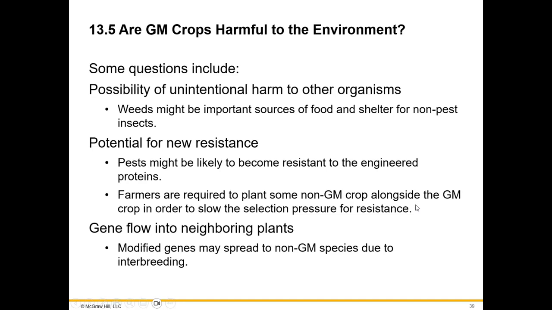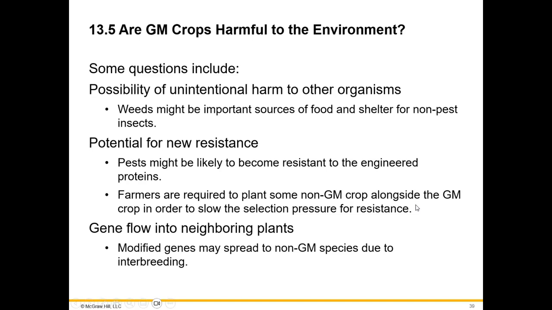And the question becomes, what if the pests become resistant to those engineered proteins? And now suddenly we've introduced these genes that are useless because, who knows, 10, 50, 40 years later, now the pests have developed resistance and they're unaffected by the gene, eating those crops just as much as they ever did.